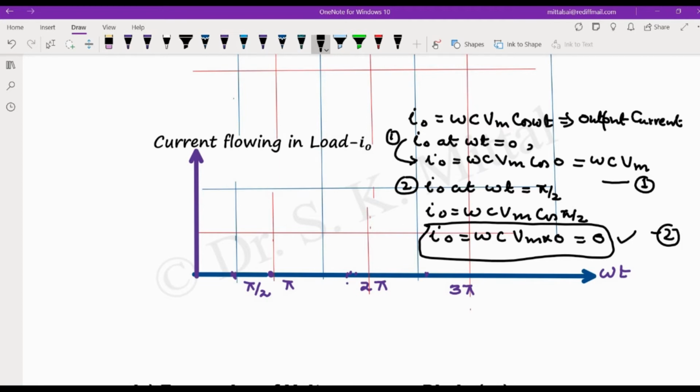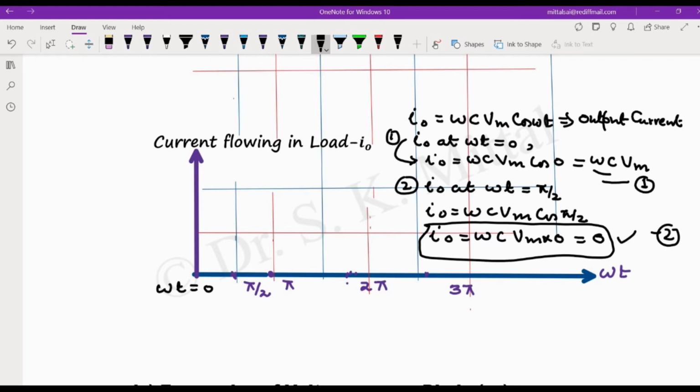At the same time, at omega t is equal to 0, the value of output current is equal to omega c Vm. So see, this is the point of omega t is equal to 0. At omega t is equal to 0, we are getting the maximum current, omega c into Vm. Why am I saying maximum current? Because here omega c is multiplied by Vm, which is the maximum value.